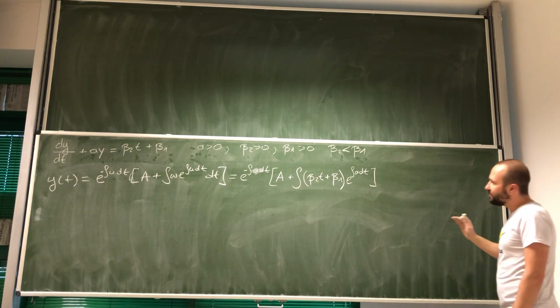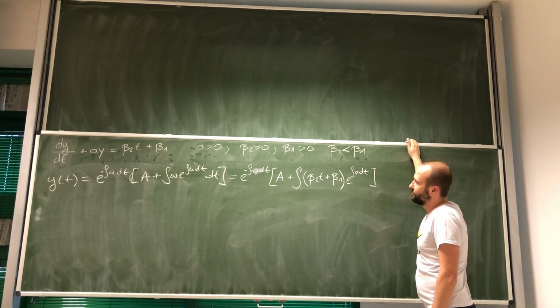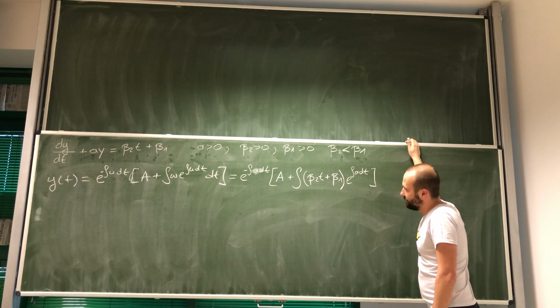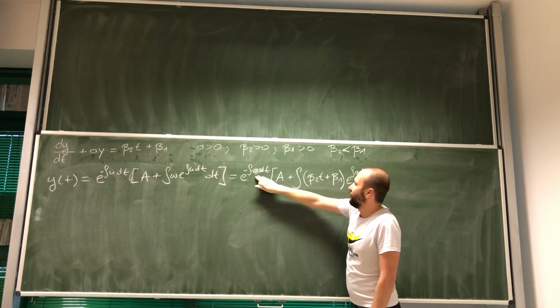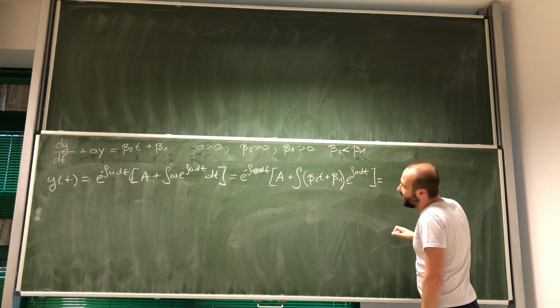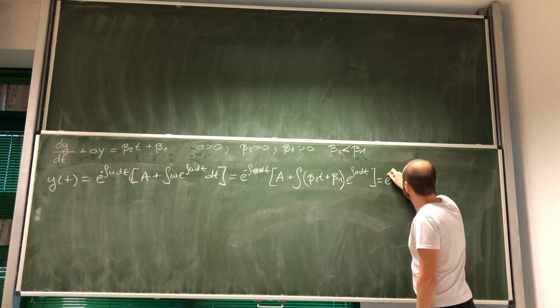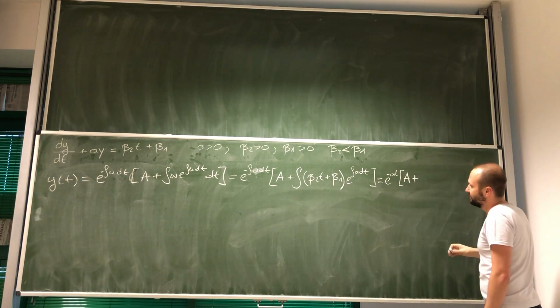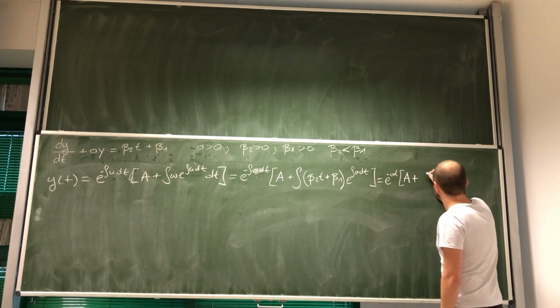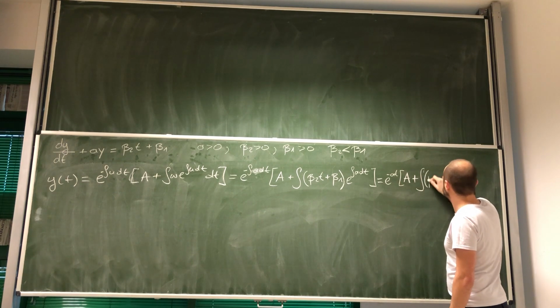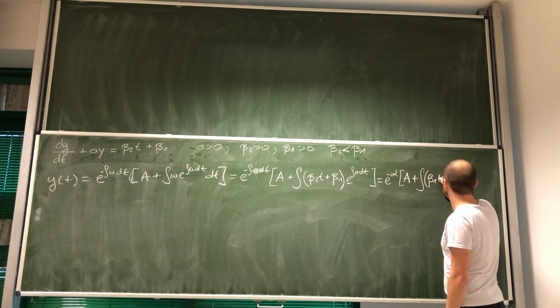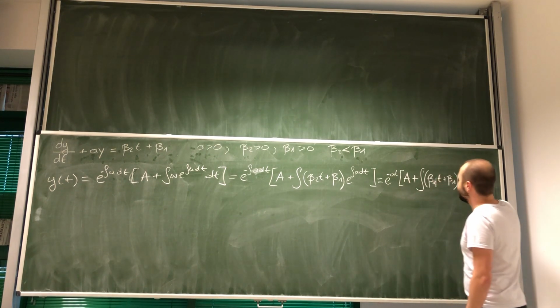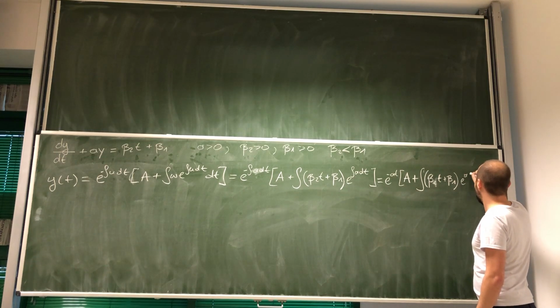Some of these components are really easy to calculate. For example, the integral of a is at, so we've got e to the power negative at times A plus, and here let's leave the integral for now, beta 2 t plus beta 1 times e to the power at dt.